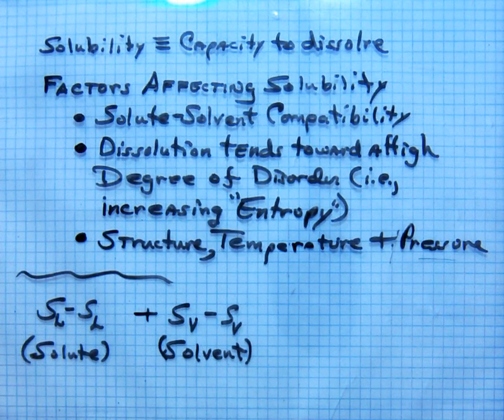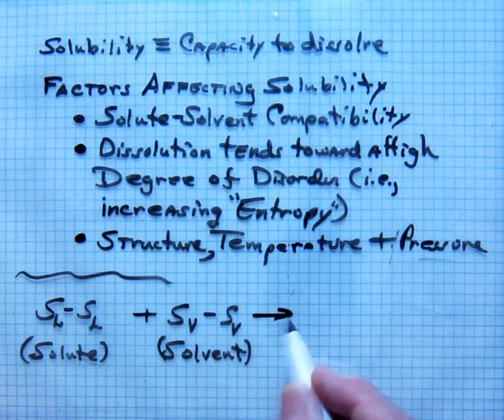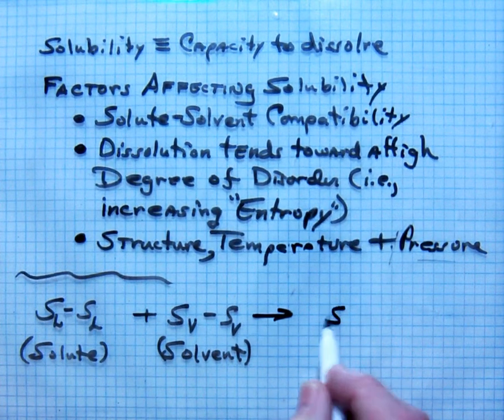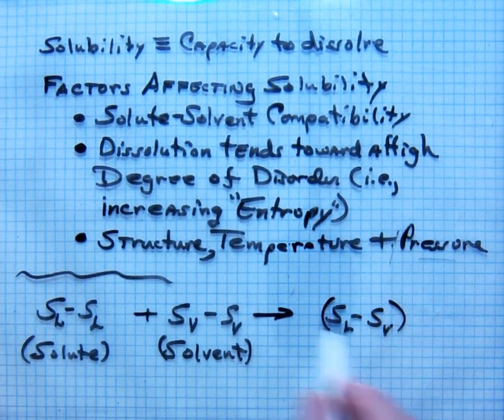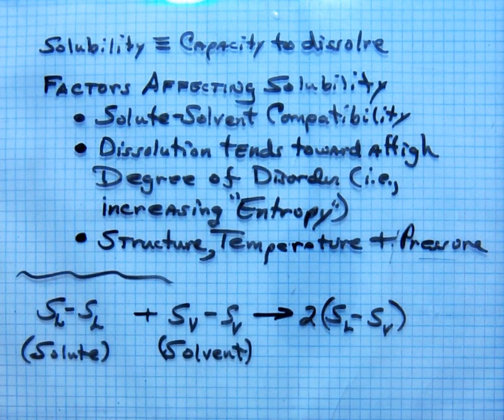Now, we mix them together. If they will mix, we will produce a solute-solvent interaction. Actually, balancing the equation, you get two of them. Two solvent-solute interactions. Now, if you don't have a solute-solvent interaction, it won't mix.